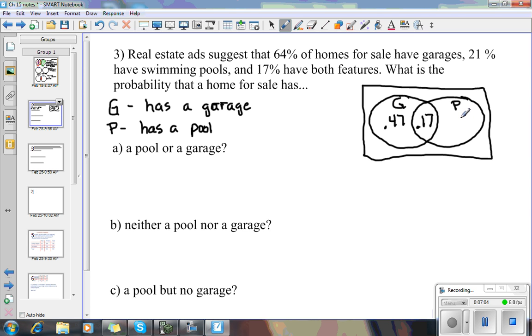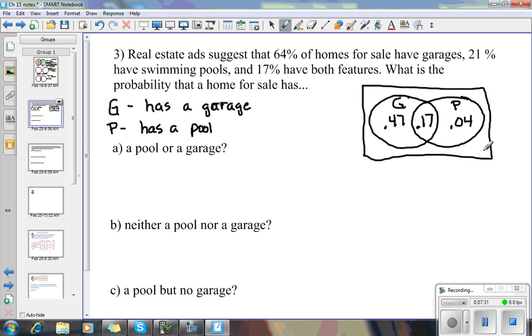Similarly, for pools, this portion over here would have to be 0.04 because these two parts together have to add up to 0.21. So here we have this picture that tells us right away, it's going to give us a lot of these answers. Now, one thing you have to consider is out here is my sample space. So remember my sample space, the whole thing has to add up to 1. So this box represents my sample space.